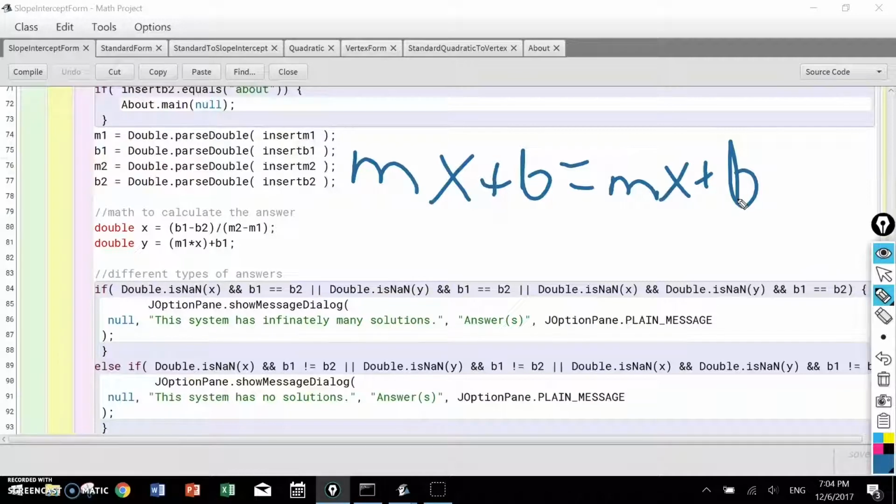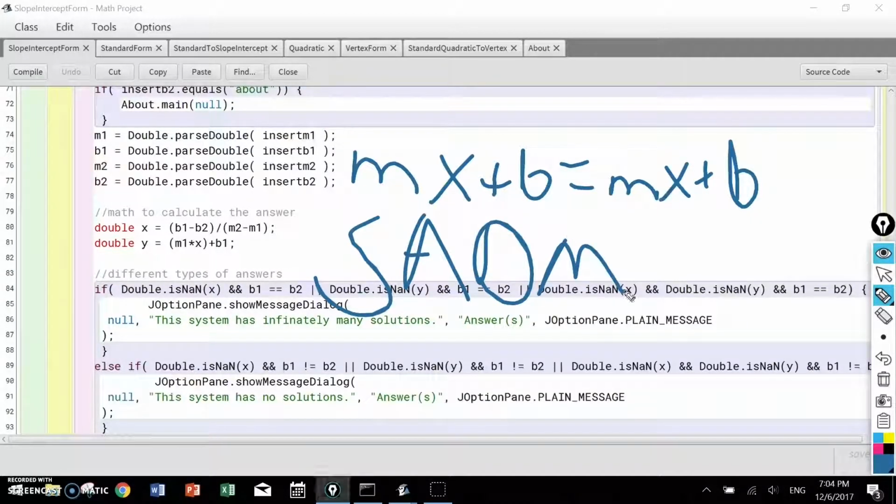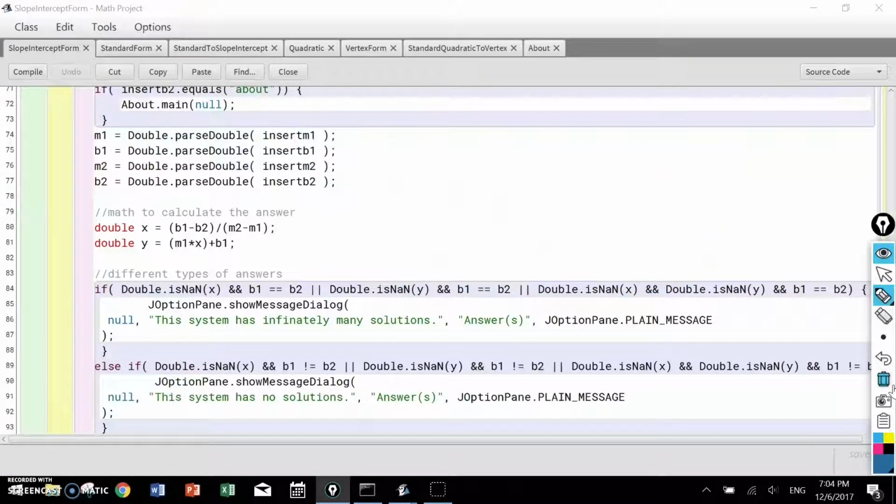To find x, you solve by using SADNEP, which is the backwards order of operations, and you will get this equation shown here that gets x. And then, of course, you just plug x back into y equals mx plus b, which is slope-intercept form, to get y.